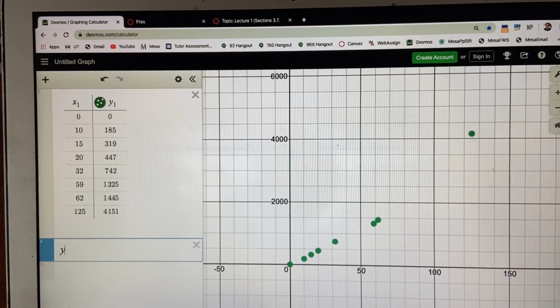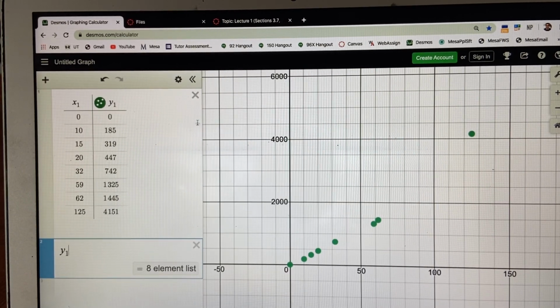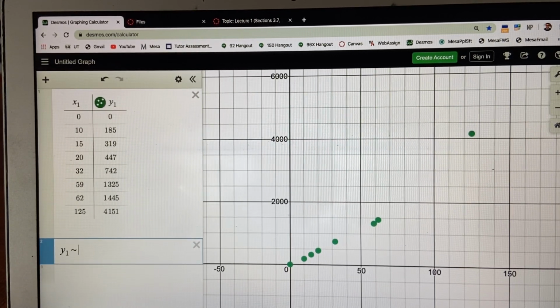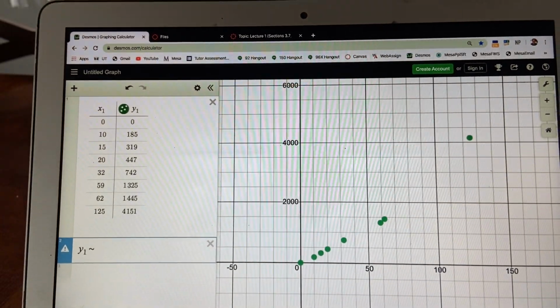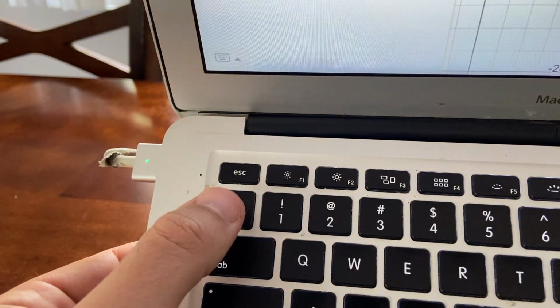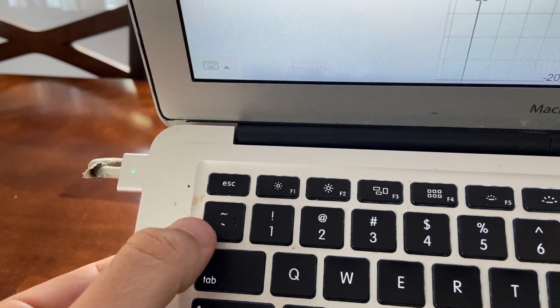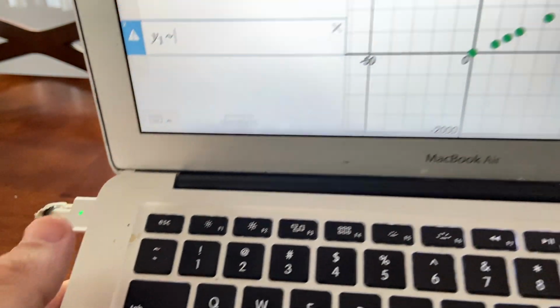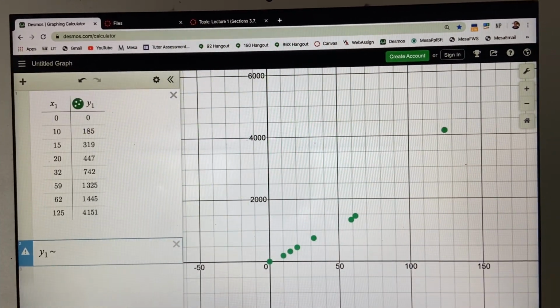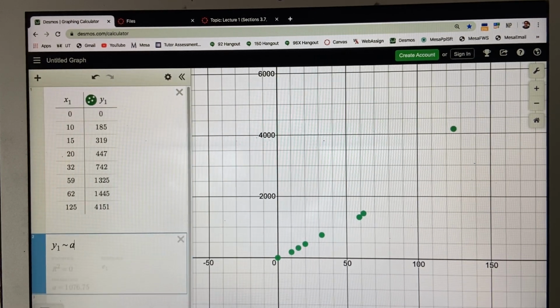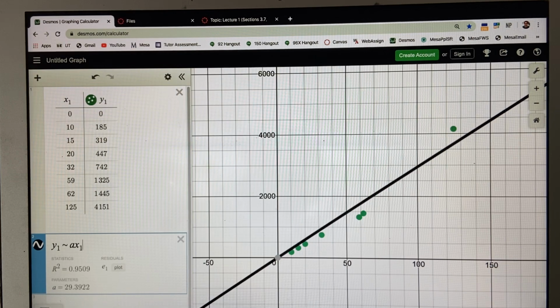So y1, I'm calling on this variable. So y1, and then I hit shift and this button, the little wavy symbol. That means y1 regressed against, and then since it's a cubic, I'll have a constant, and then x1 cubed.